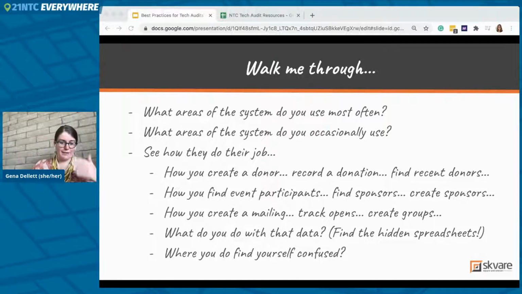And that's why I can't say enough the importance of trust in this process, because it's important for that person to communicate that no one is being judged, that the purpose of an audit is to know where there's places that there could be improvement, and that part of this, the end result, can be better training, better customization, changes to the system, shifting and support of roles so everyone can have access to and more easily do what they're supposed to be doing.